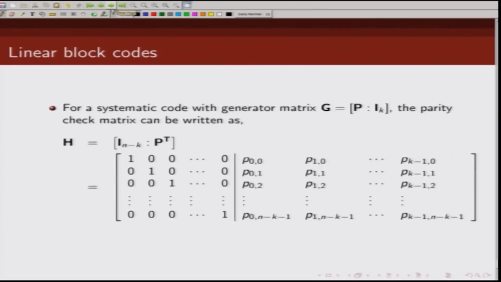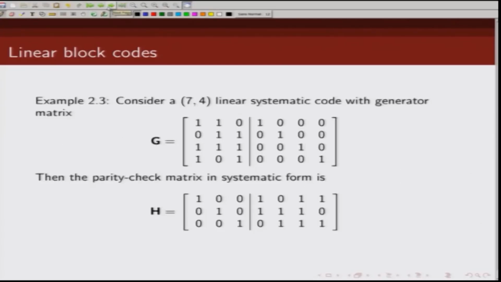So if you have a systematic code whose generator matrix can be written in this form, because H lies in the null space of G, we can write down its corresponding H matrix very easily. If a generator matrix can be written of the form P and identity matrix, we can write its parity check matrix as identity matrix and P transpose.